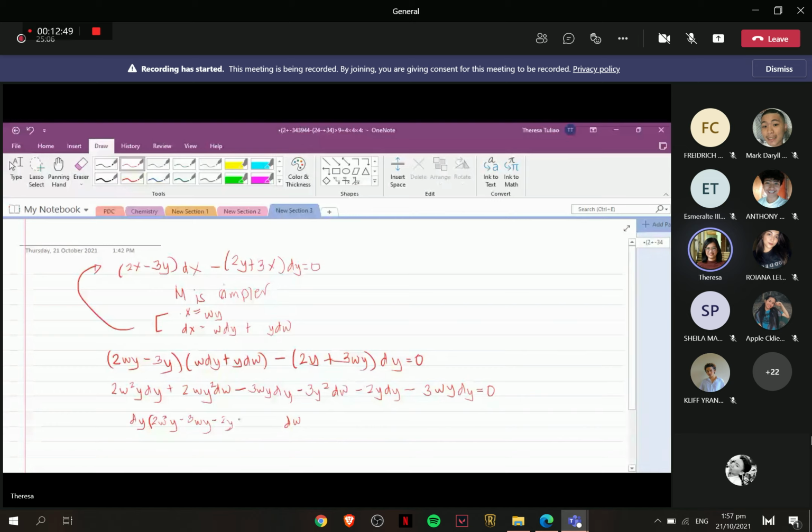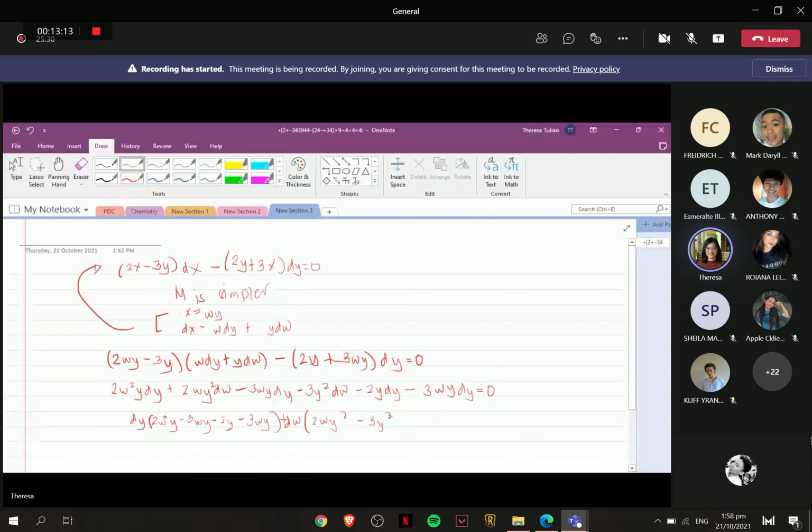Okay, so dito na tayo sa dw. Sino naman ang may dw? We have 2wy squared. Meron ding 3y squared. O, sila lang. So, sila lang under dw, I should say, is equal to 0. Okay? And then simplify.